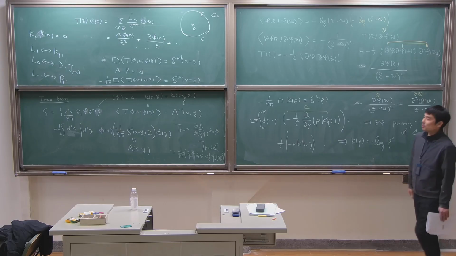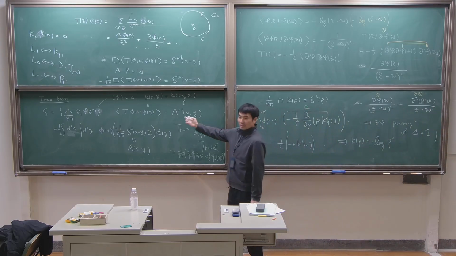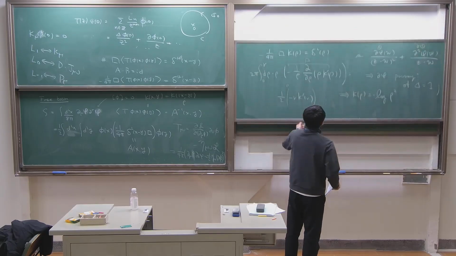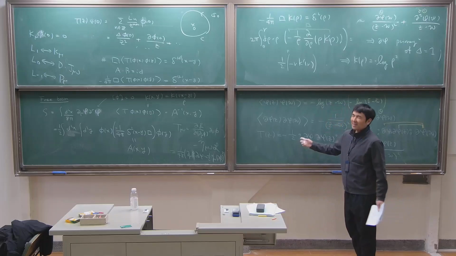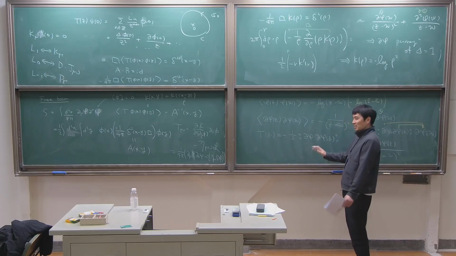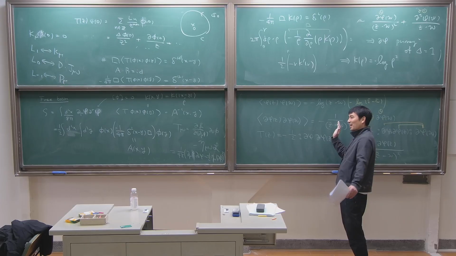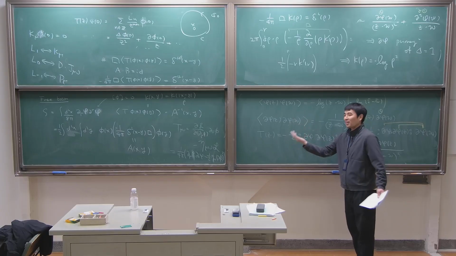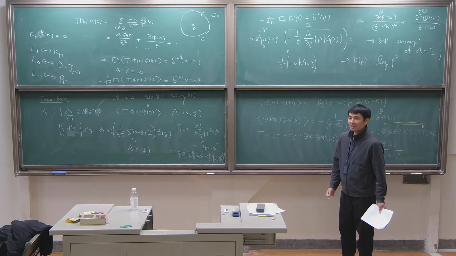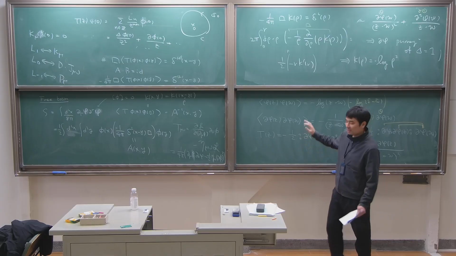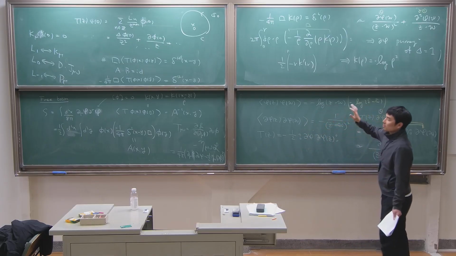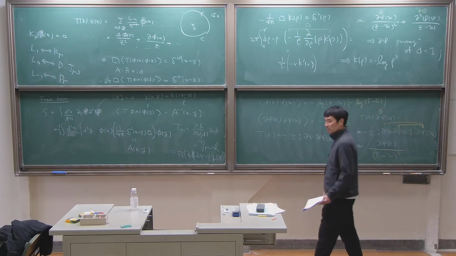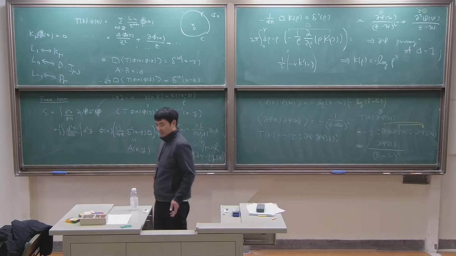Next time I will review how to derive this, and then I will explain the meaning of the normal order product: just put the creation operator to the left and the annihilation operator to the right. So that's the normal order product. Anyway, what I want to say is that in the free scalar theory, del phi is a primary with conformal dimension 1.